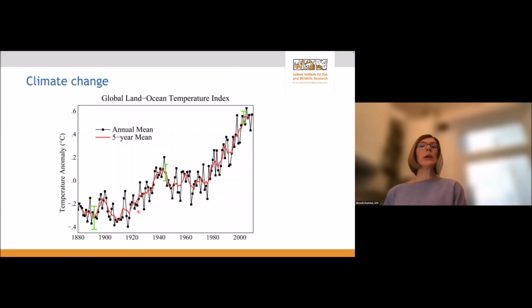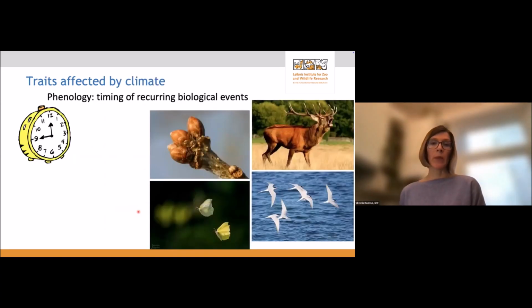So I don't think I have to convince anyone in this audience, even though I don't see you, but I hope very much I don't have to convince you that climate change is happening. And one of the characteristics of climate change is the increase in the long-term mean, which we call global warming.